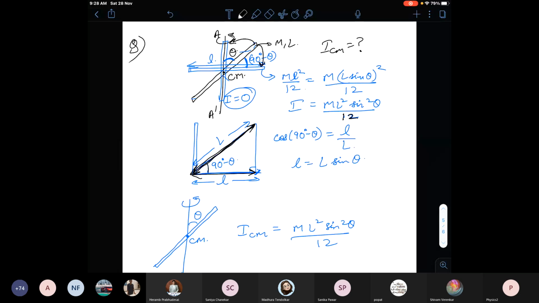The angle between these two came out to be 90 minus theta. So I wrote cos of 90 minus theta, which came out to be small l by capital L. So from here, small l came out to be L sine theta. Now I replaced the small l value over here, and I got the moment of inertia of the rod perpendicular to the axis of rotation, that is ml square sine square theta by 12.